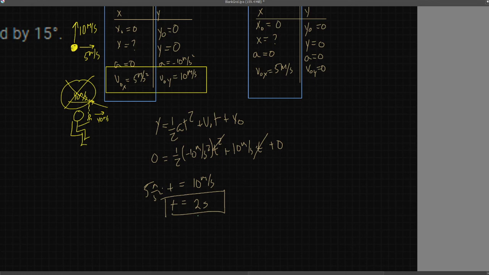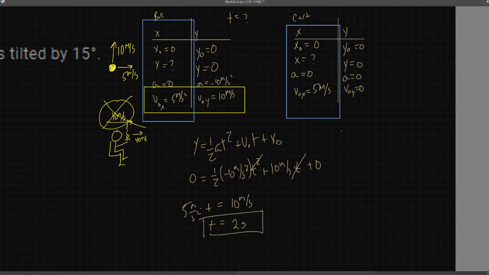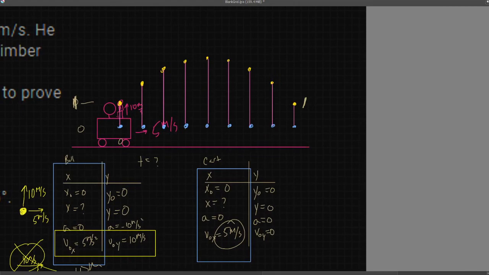So this thing will be in the air for exactly 2 seconds, and when it does, my cart and my ball will have both moved horizontally. The cart, at 5 meters in 1 second, will have moved 10 meters, and the ball at 5 meters per second will have moved 10 meters. In fact, both of these will be caught at 10 meters, the same horizontal position.